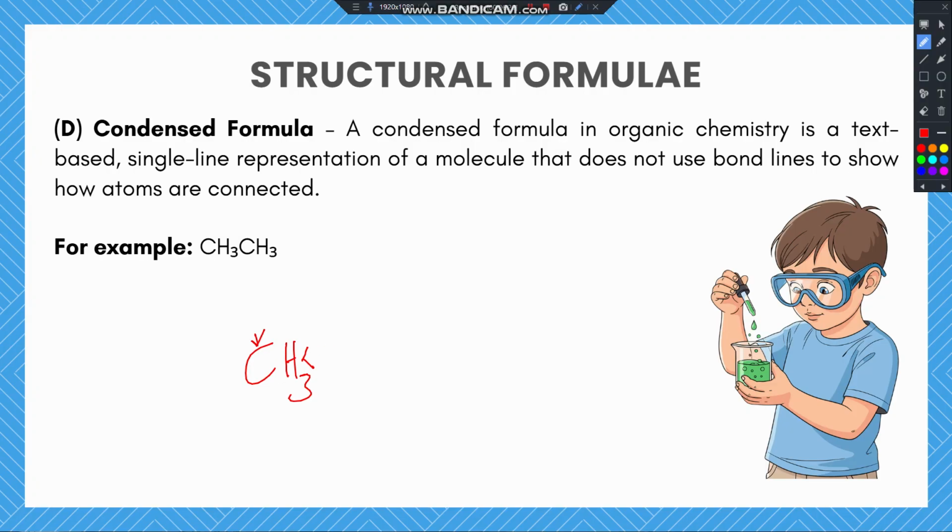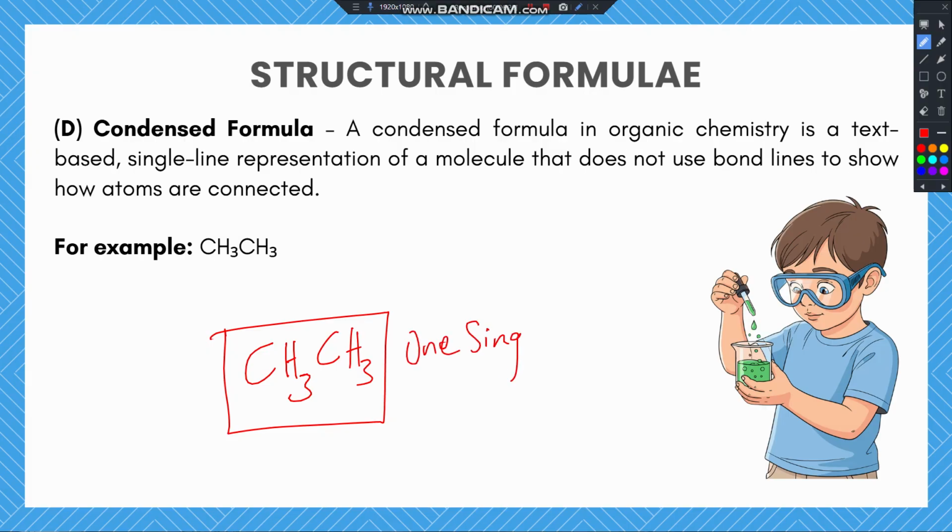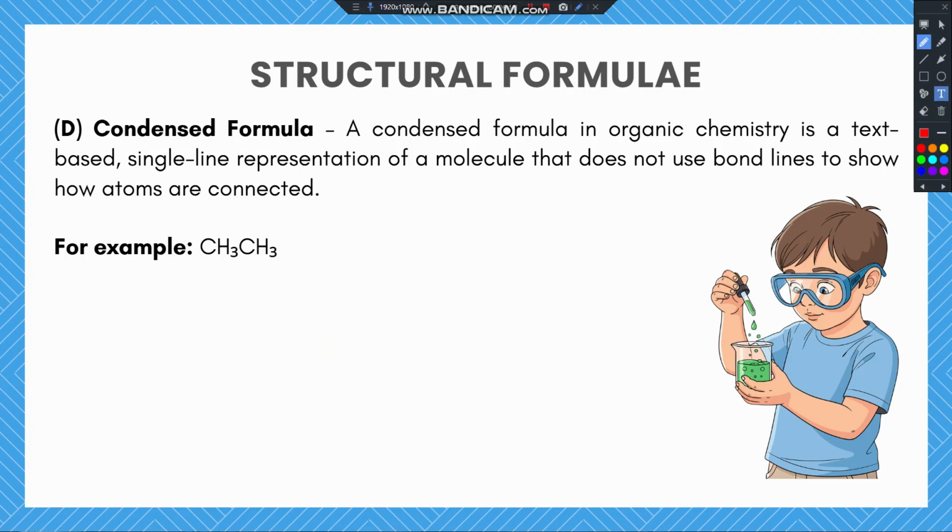And the next thing we have is another CH3 being attached to it. Everything we have here is just in one single line. There are no bond line structures being shown. Why? Because this is called the condensed formula. This is another style with which we depict organic compounds in organic chemistry.